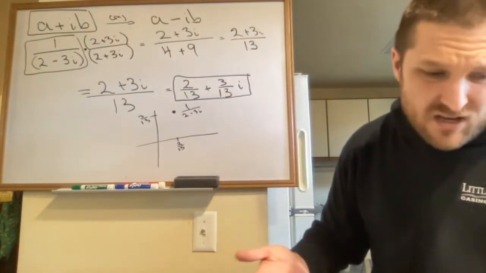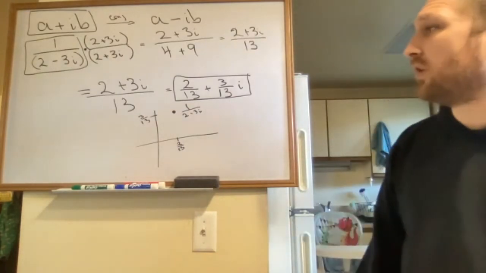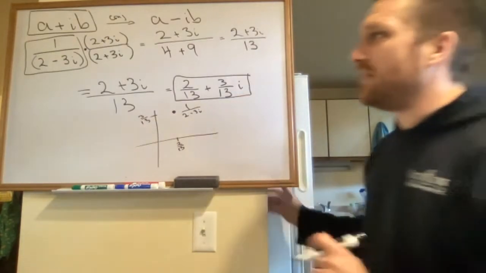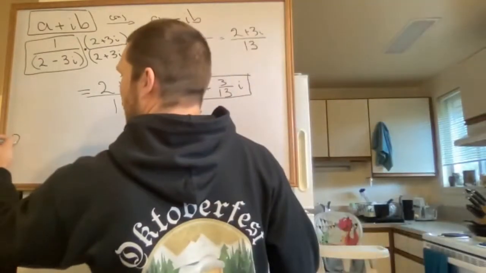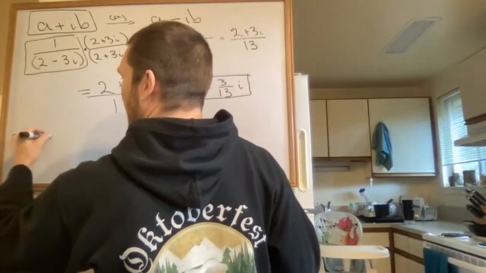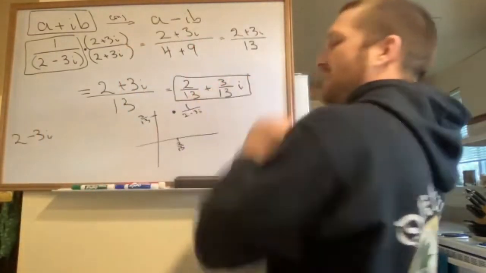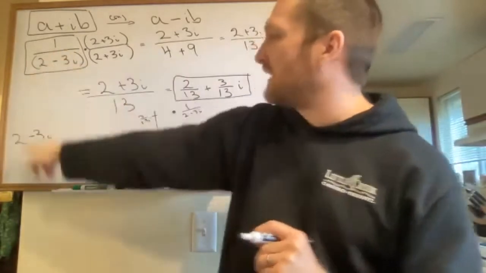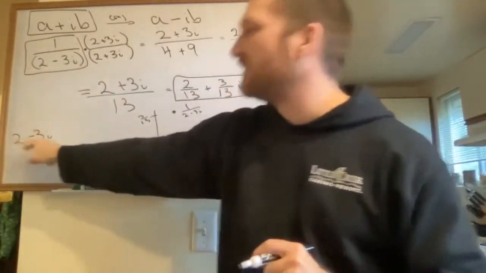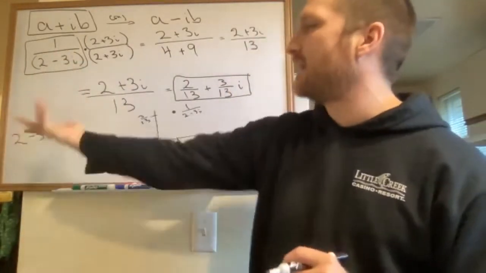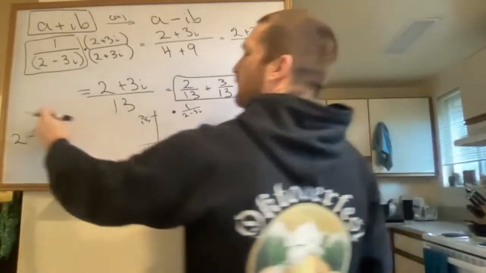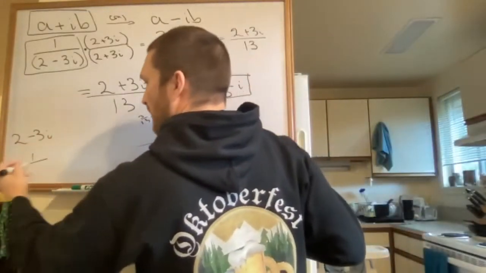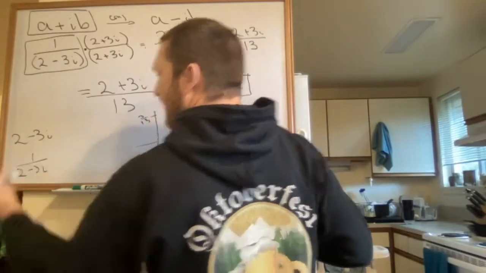Now, another one they'll say is express the reciprocal in this form, and they'll give you something like this. They'll say, express the reciprocal of this in this form. This is what they mean to do. The reciprocal of a number is just 1 over that number. And so you say, okay, the reciprocal of this is 1 over 2 minus 3i.